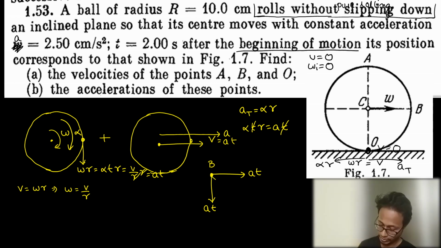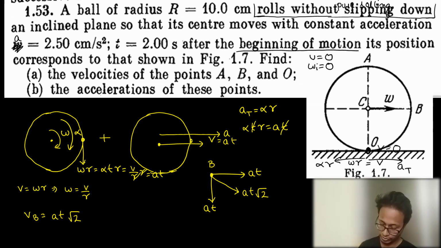And this happens only in case of pure rolling. Okay, so the net effective velocity would be the square root of (at) squared plus (at) squared, which, if I solve this, gives us at into root 2. So velocity at point B is equal to a into t into root 2.